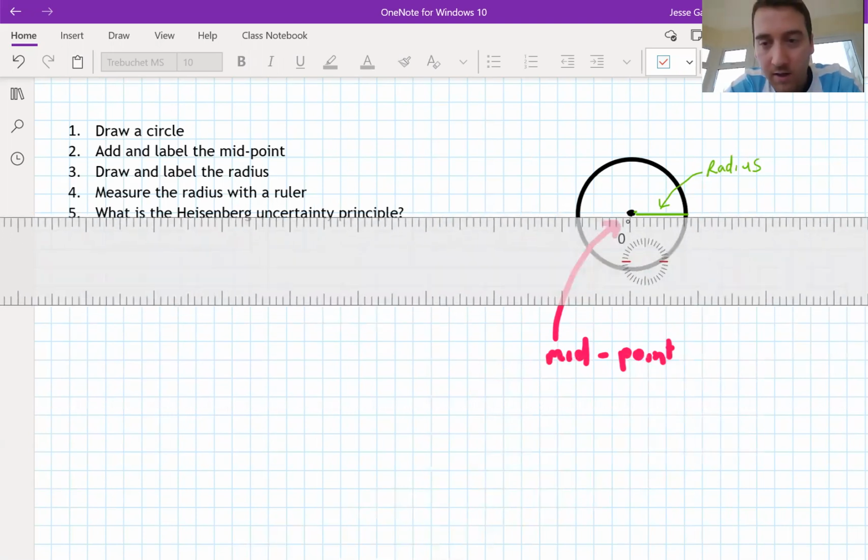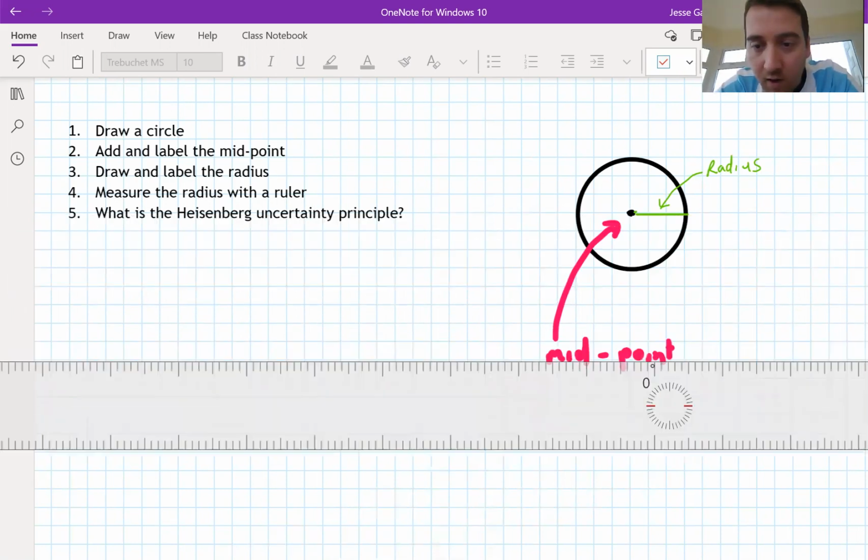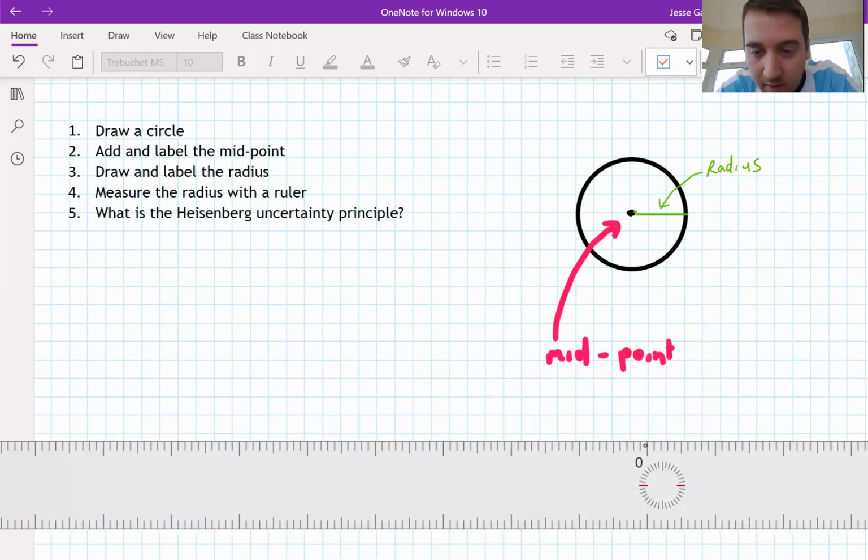And here is my 0. Now, each of those solid lines here, if we look at the ruler, I'm just going to show you here, if this is 0 there, then that is 1 centimeter, the full line here.